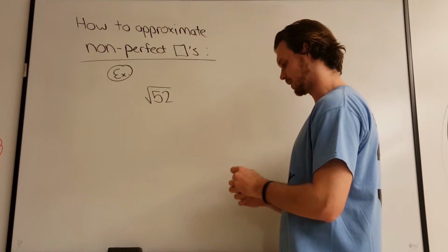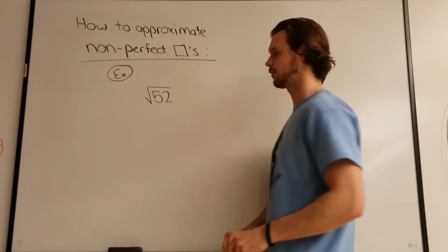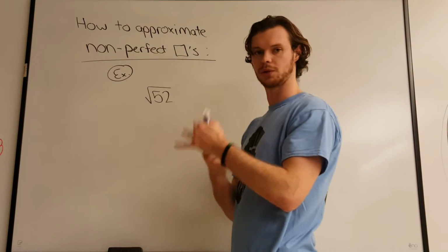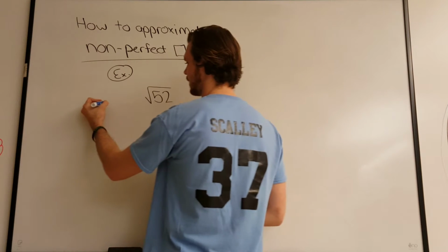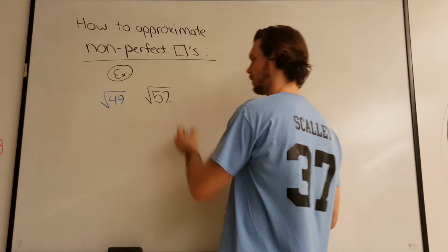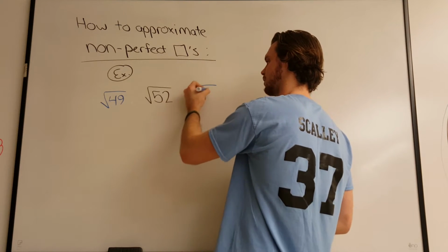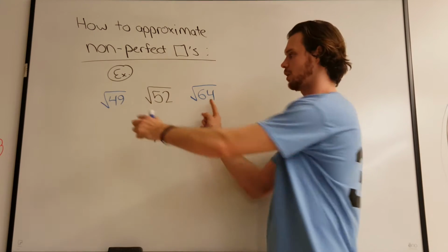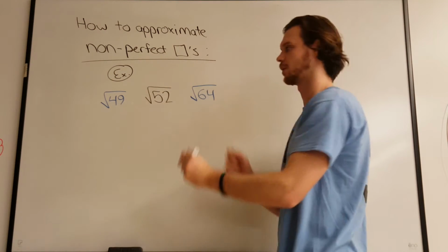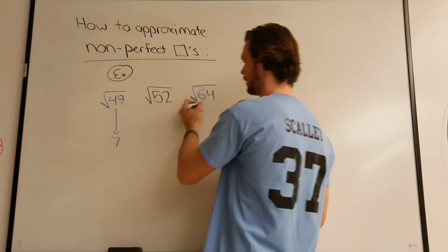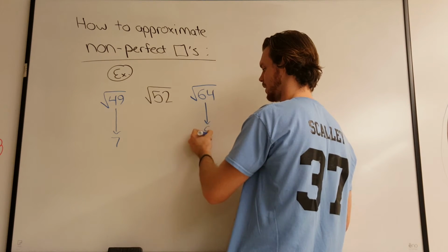So the process is like this. I have to find the two perfect squares that surround this number. If I'm good with my perfect squares, I know that that is the square root of 49 and the square root of 64. These are the two perfect squares that are closest to this number. The square root of 49 comes out to 7, and the square root of 64 comes out to 8.